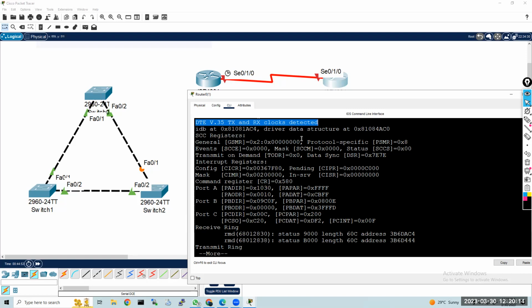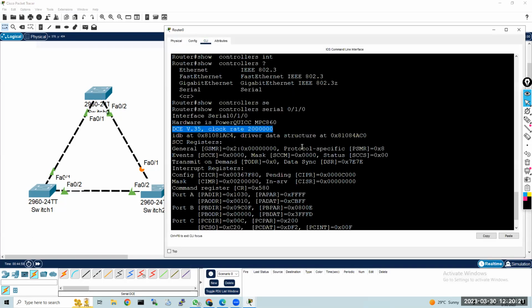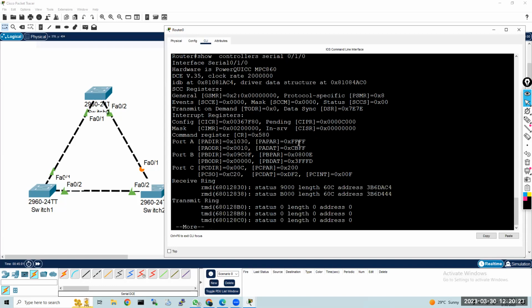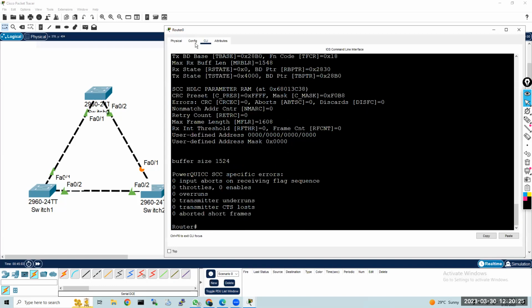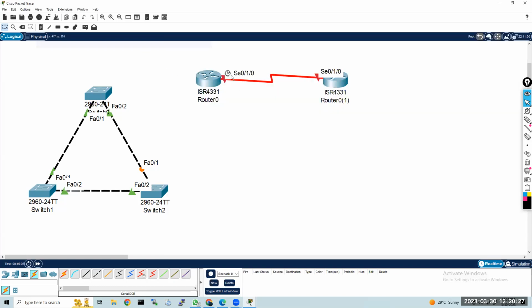Raj, can you explain that once again? See, you don't know whether this is a DCE or DTE interface. In case you don't know which it is, how do you check?